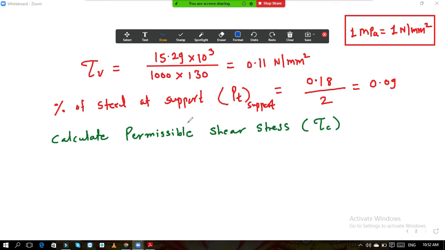You can go to page number 73, clause number 40.2.1, table number 19. So I will write over here: clause number 40.2.1, table number 19, page number 73.